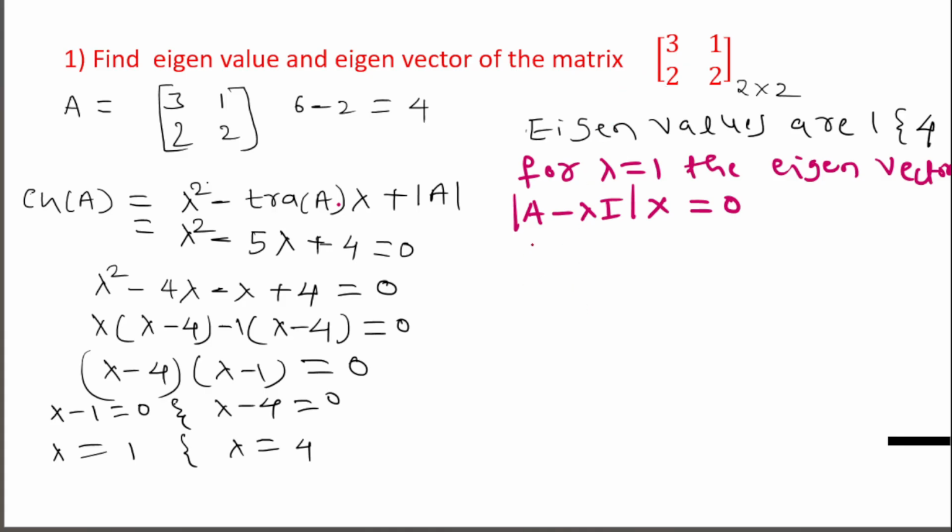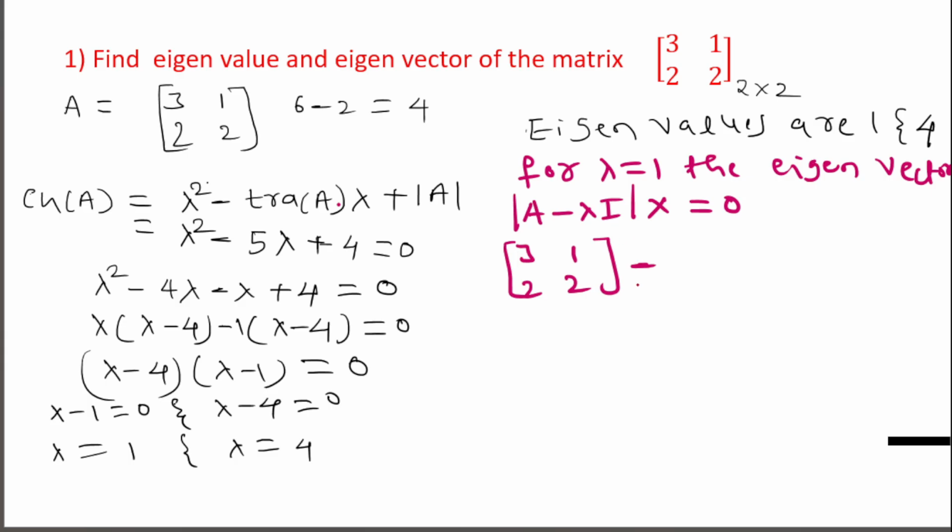A is the given matrix, that is 3, 1, 2 and 2, and minus lambda into I, where lambda is the eigenvalue, that is lambda is equal to 1.